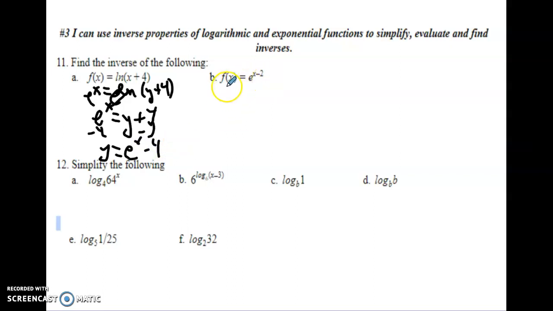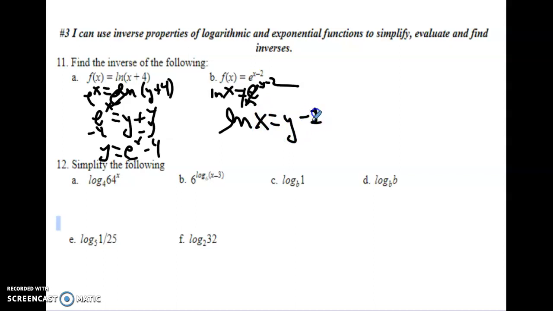Same thing over here. We're going to replace this with an x equals e to the y minus 2. This time, to get rid of the e, I have to take the natural log of both sides. So those cancel out, and I just get the natural log of x equals y minus 2.